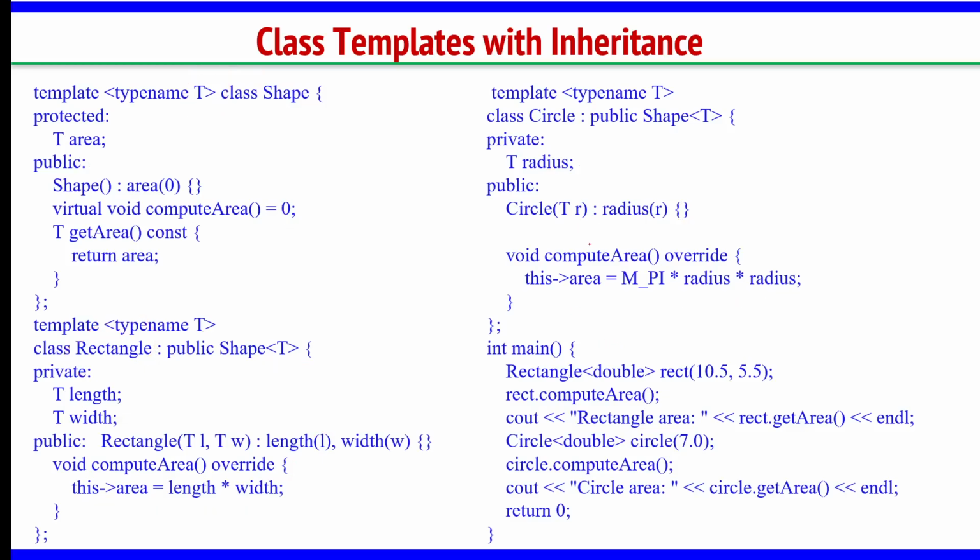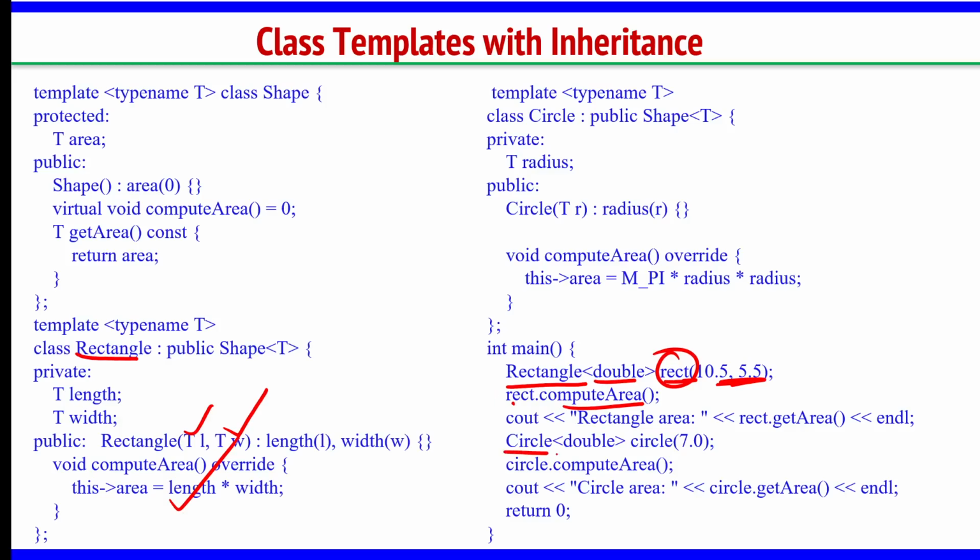Now, see the main, we will again come back to these functions. Rectangle class, double rect, I am giving 2 values here. I am passing 2 arguments because I am having a parameter as the constructor. Then with this object rect dot computeArea, this will execute.